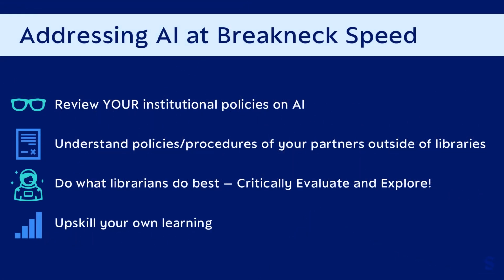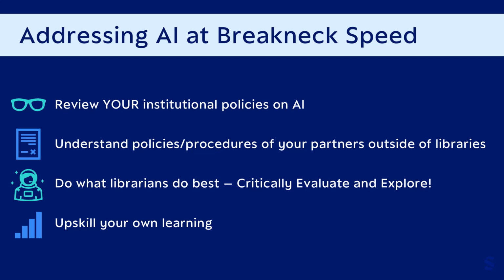While we can't solve all of this in a 20-minute presentation, I do want to point out a few steps we can all be taking to meet the challenges now and ahead of us in relation to AI. To start with, make sure you are reviewing your institution's policies on AI.